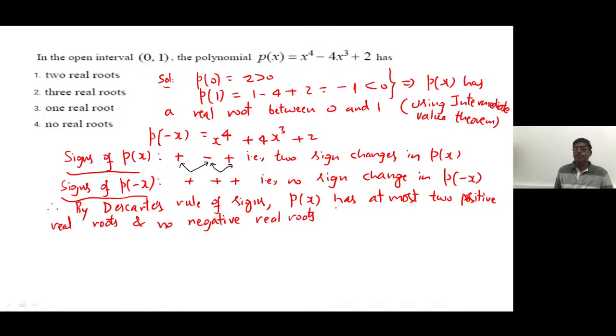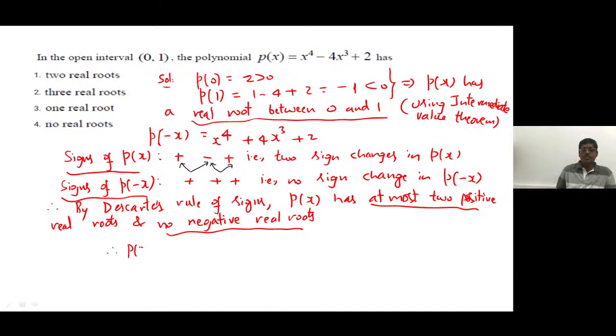So from this information, and from this information where I underline the terms, and according to the options, p of x has 2 real roots.